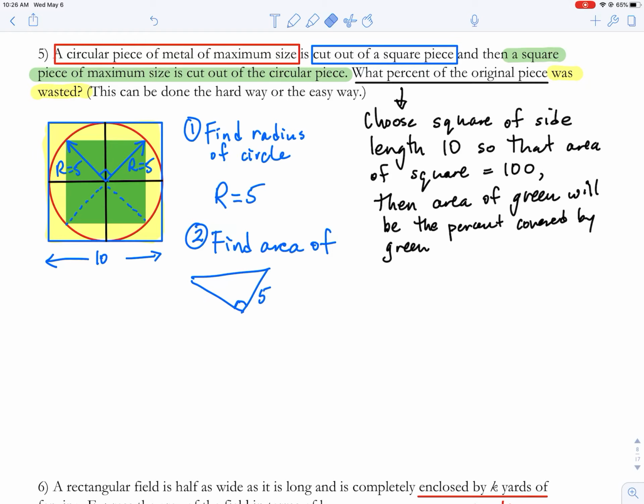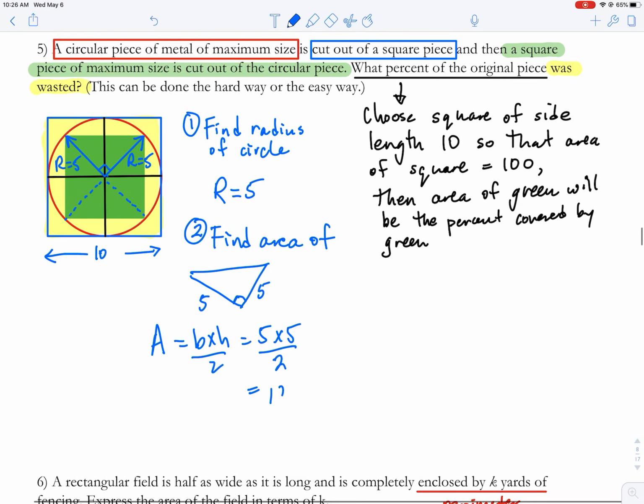I don't need to write that as the radius. If we can find the area of that, then I can times it by 4 and I'll get the area of the green square. So for this, area is base times height divided by 2. So that's 5 times 5 divided by 2. So that's 25 divided by 2. That's 12.5.